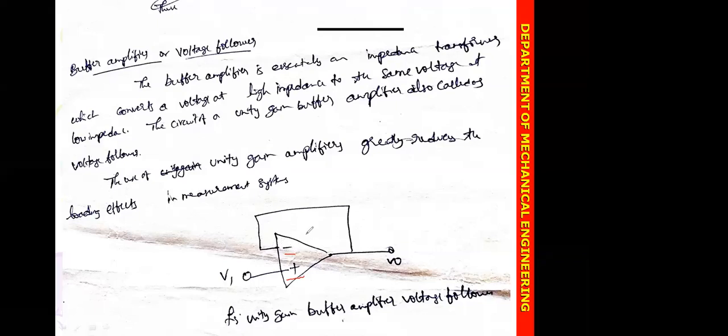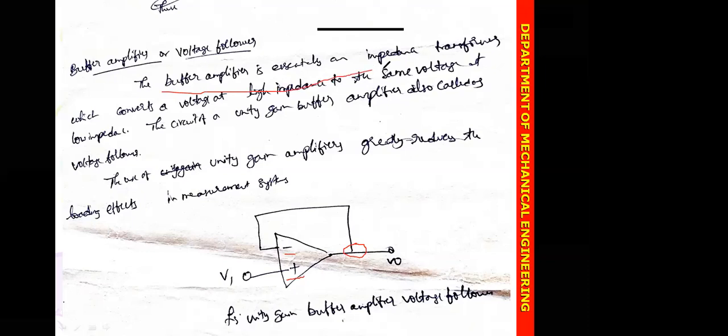So you can call this a buffer amplifier or voltage follower. The output voltage is fed back to the inverting end, and it is the same as the input voltage.